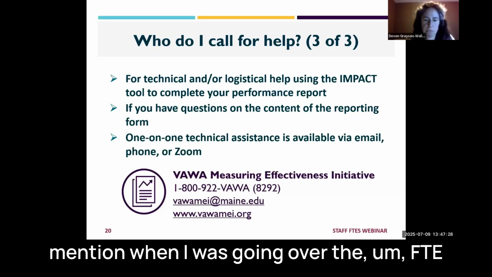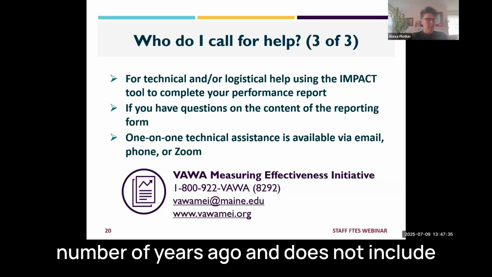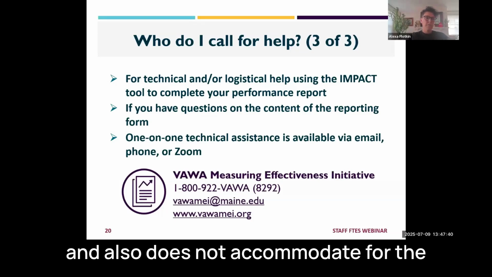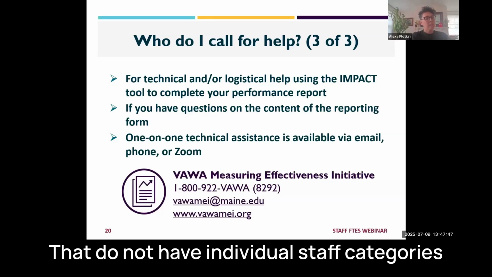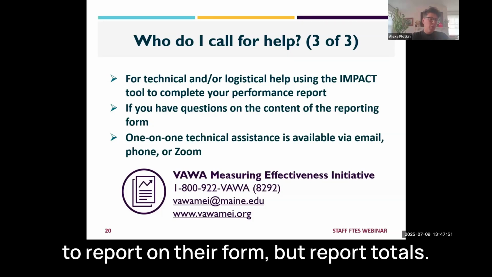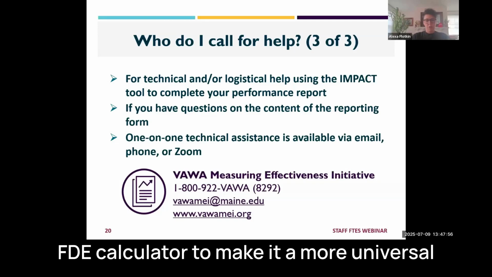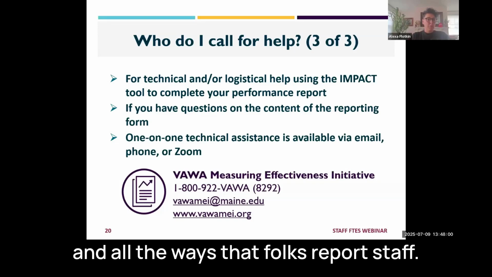I forgot to mention when I was going over the FTE calculator that it was put together a number of years ago and does not include some of our newer special initiative programs, and also does not accommodate for the coalitions programs or the TA program that do not have individual staff categories to report on their form, but report totals. We are in the process of redoing the FTE calculator to make it a more universal tool for all of our grantees, all the programs, and all the ways that folks report staff.